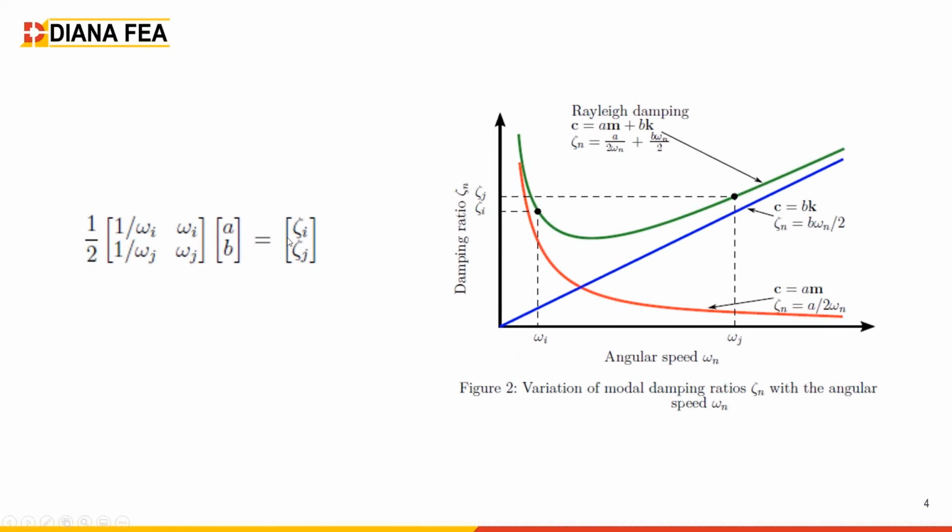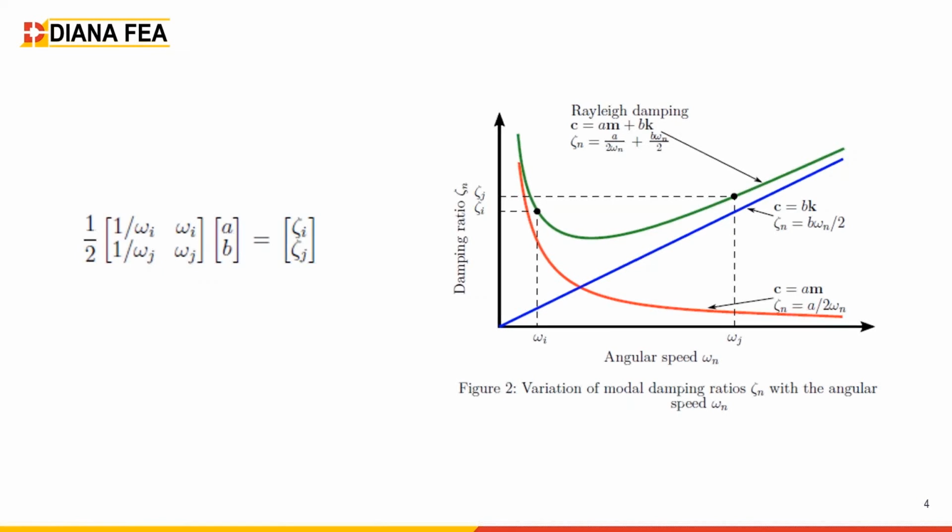By default, Diana assumes a 0.05 damping ratio for both if we don't specify anything. So in that case, since we want to use a smaller value, we are going to use for the first mode 0.025, and for the second one, mode 6, we keep 0.05.